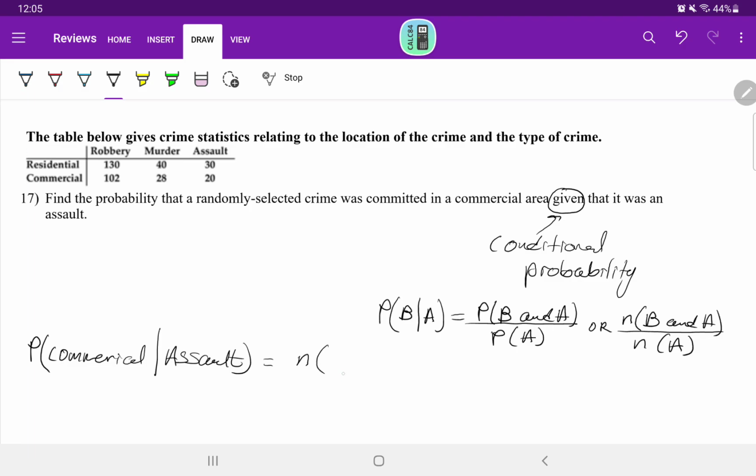So that's going to be the total of commercial and assault, I'm going to abbreviate, divided by, and whatever is here goes in your denominator for its category. So the total number of assault.